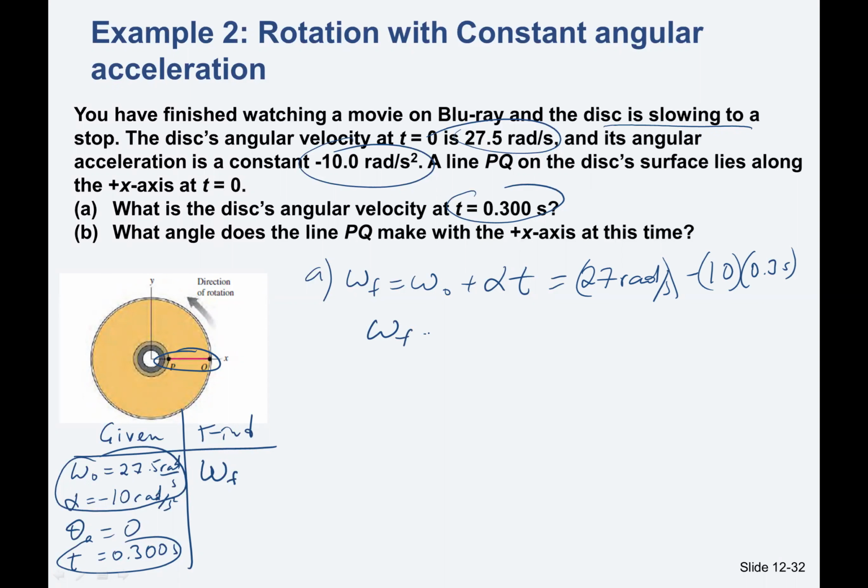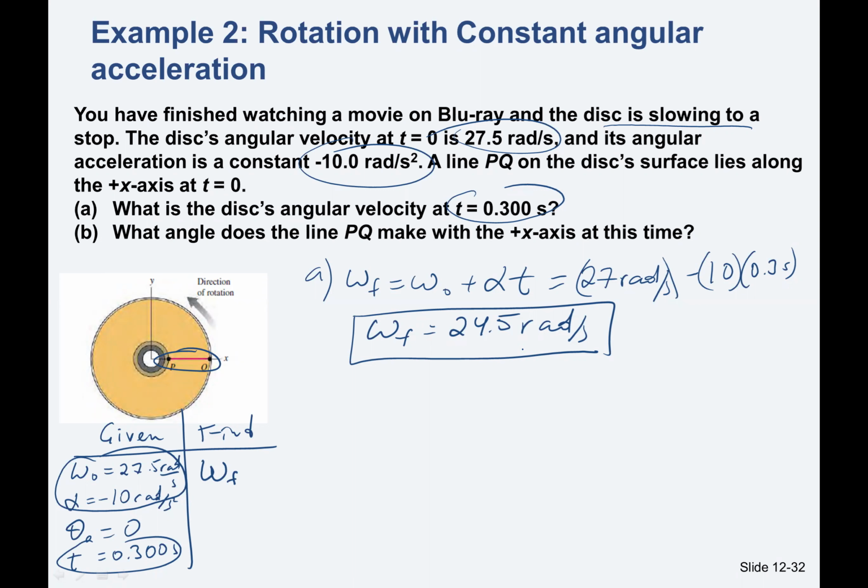Then I'm going to find omega final to be 24.5 radians per second, which makes sense because if you're slowing, at any later time you're going to have less magnitude, a smaller speed. All right, so that's omega final. So that's for part A.